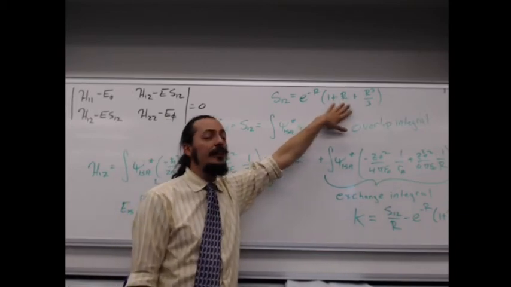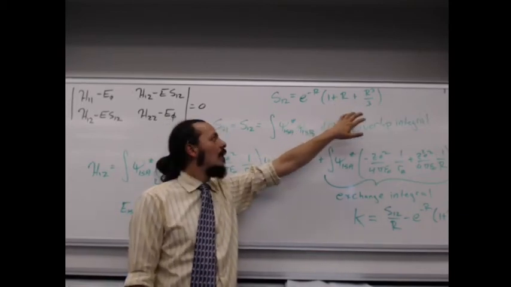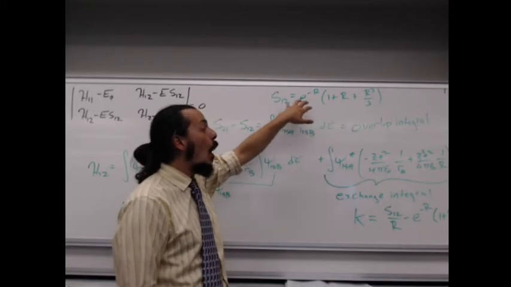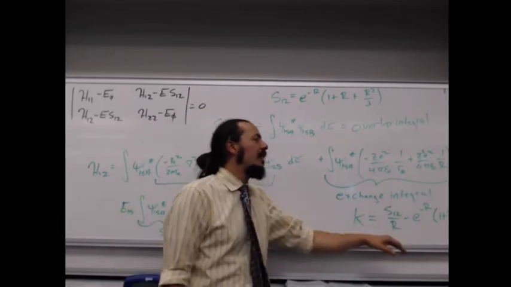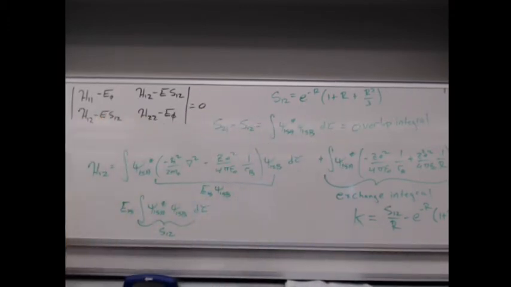But the thing I want you to notice is, again, the way it works out is my overlap integral, my exchange integral, and my Coulomb integral all end up simplifying to just being in terms of the distance between the nuclei. And if I'm thinking about an electron interacting with two nuclei, that makes sense.